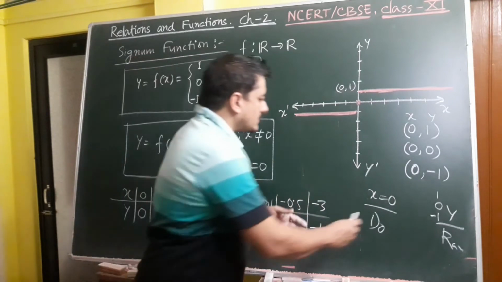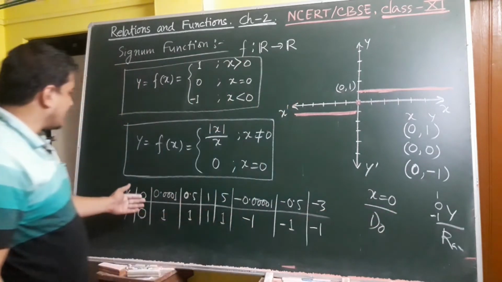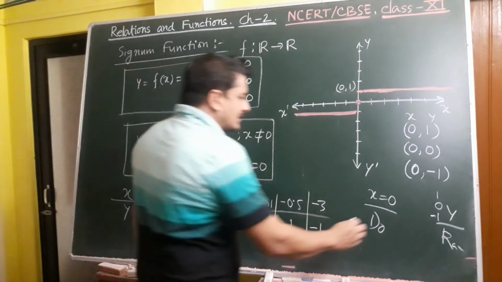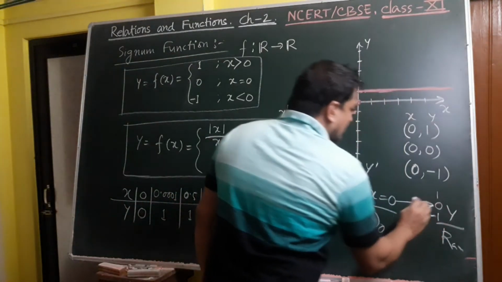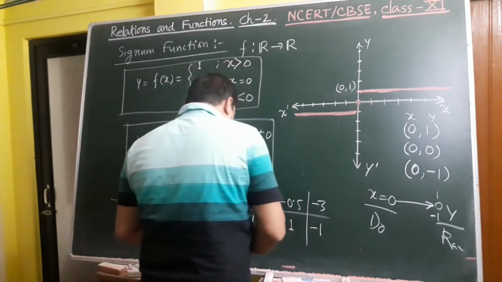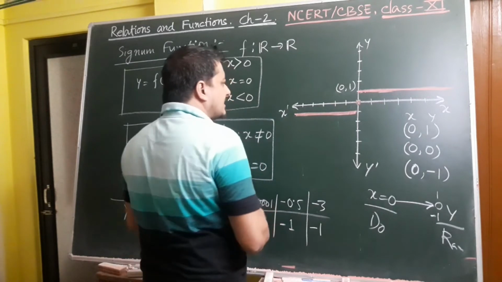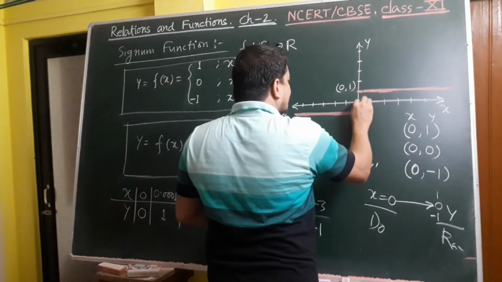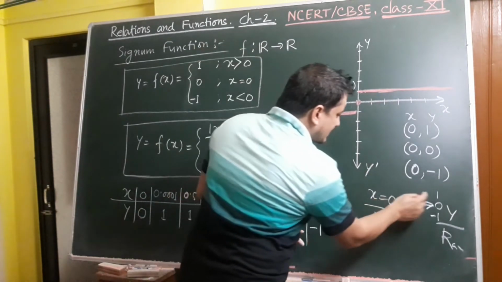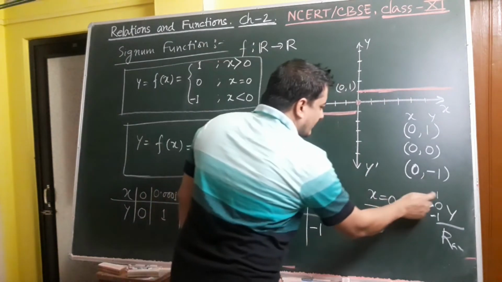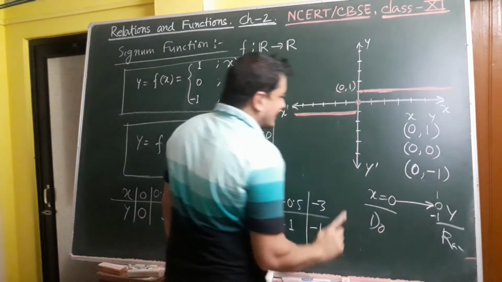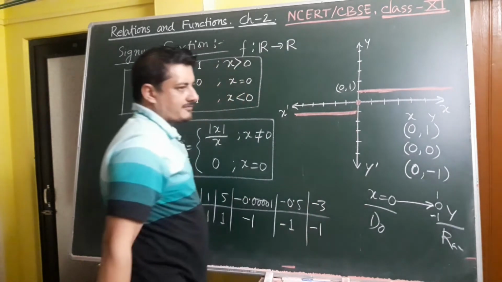So which one from the table? This 0 is actually mapped to this 0. That is why 0, 0 is part of our graph. So we shall show this with a small solid circle. But this point 0, 1 and 0, minus 1 are not part of our graph.